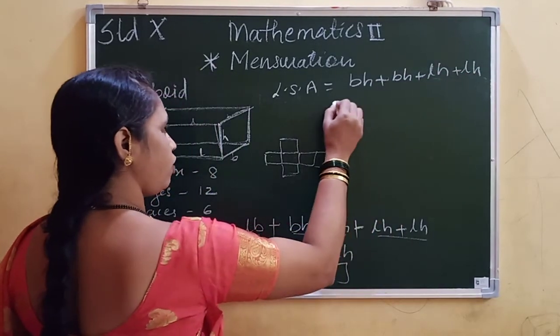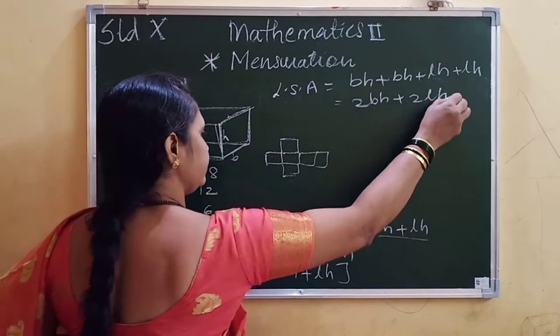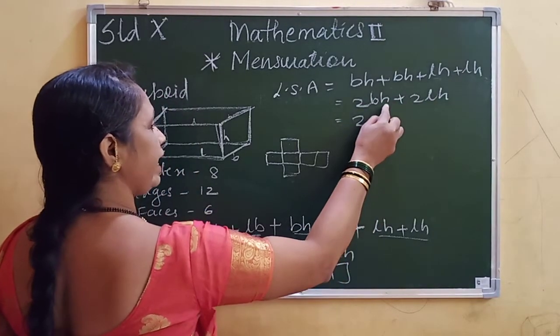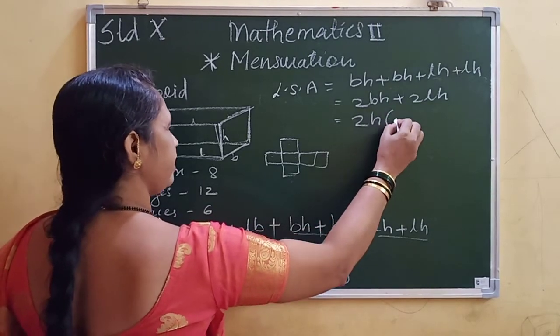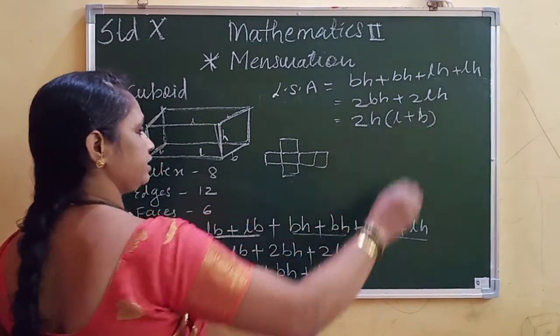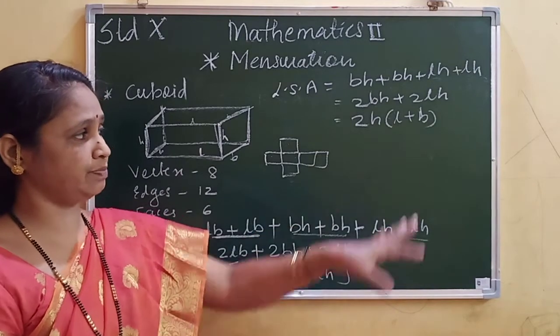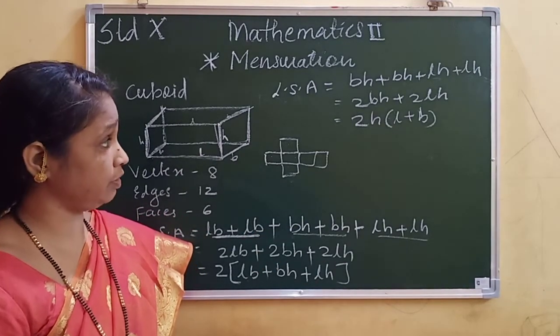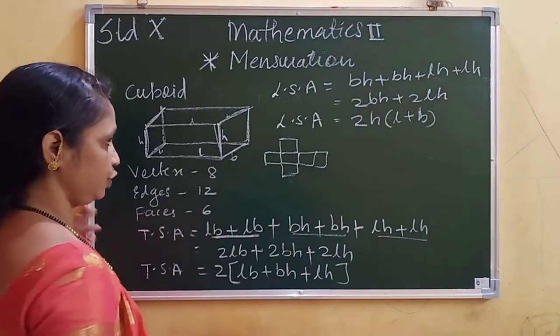Now this will be 2 times BH plus 2 times LH. From this, 2H is common. So we can write 2H into (L plus B), easy to remember, or you can write B plus L also. So that will be the lateral surface area of a cuboid.